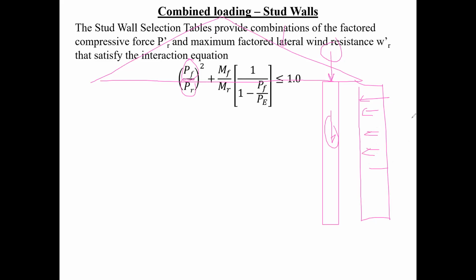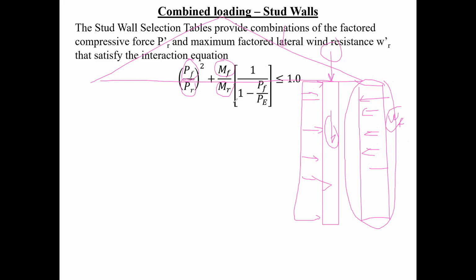Therefore, for the wind, instead of working with MF and MR, in this table they want you to calculate what the WF would be caused by the wind. Then in the table, they will give you a resisting WR. All you have to do is compare: if the resisting WR is greater than the WF, then you're okay.